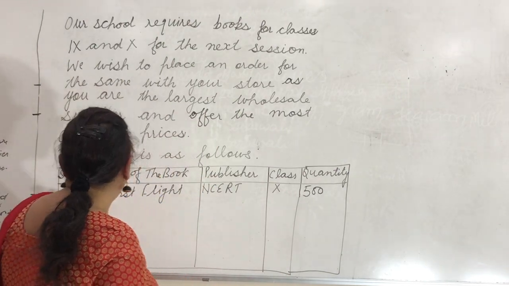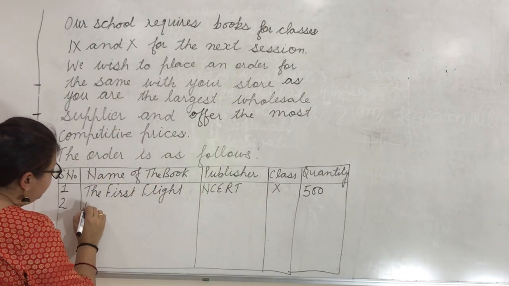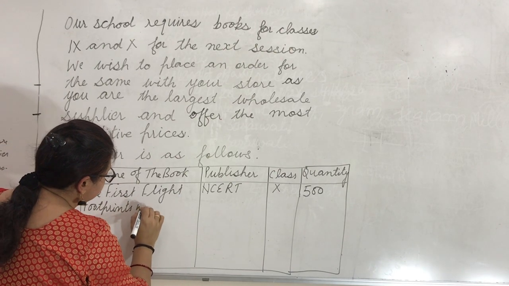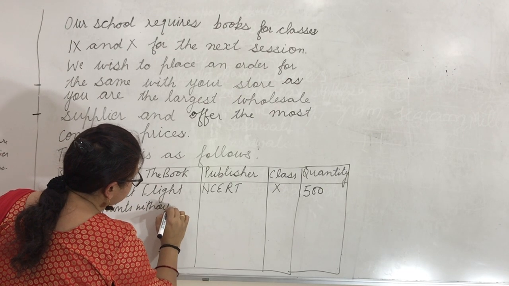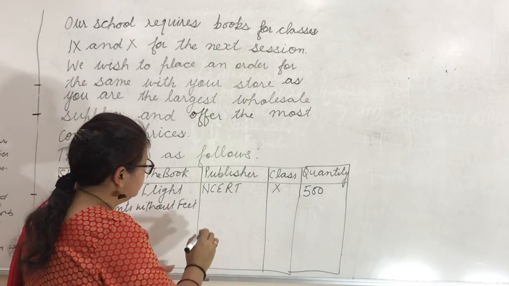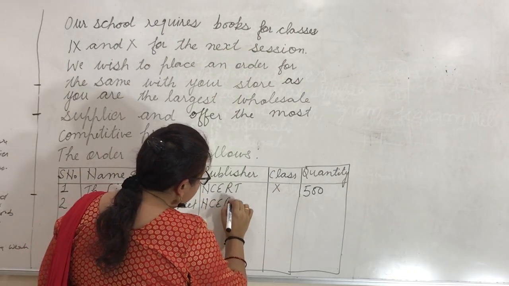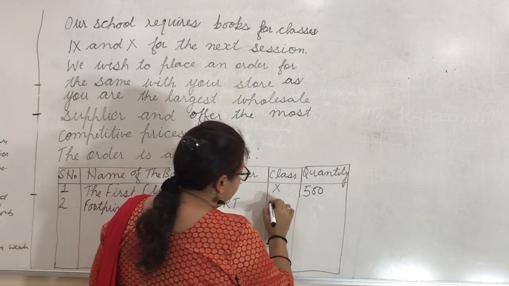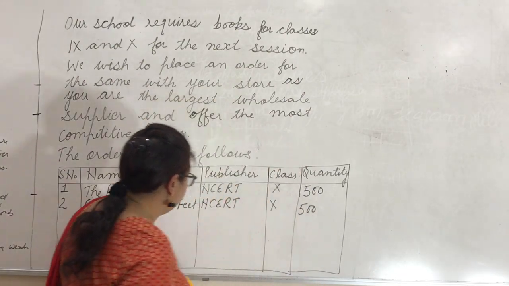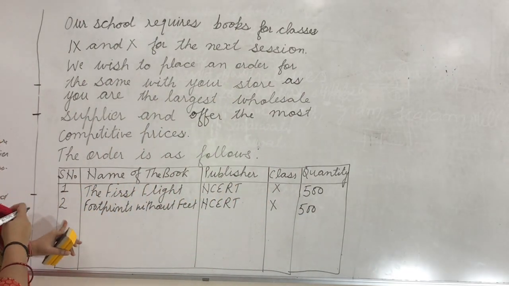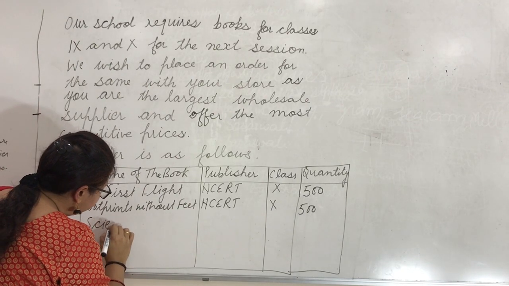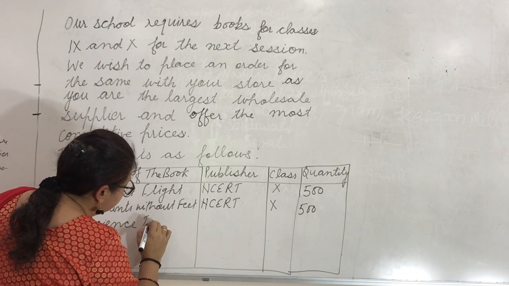Then second, footprints without feet. That is also the name of your book of English. NCERT, again that's the publisher. It's for class 10. Quantity, again there will be 500. Next comes the next book. Let's write science textbook.